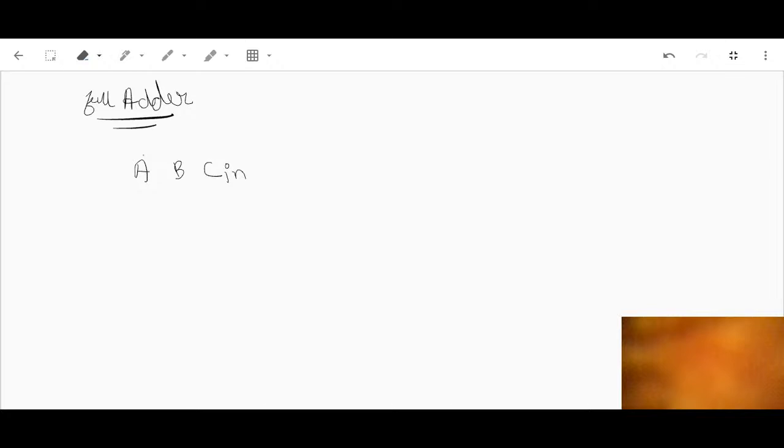So these three are input. I'll write above input, and then there are two outputs, as we saw in half adder, same as here. Also there are two outputs, sum and carry. So these two are outputs.